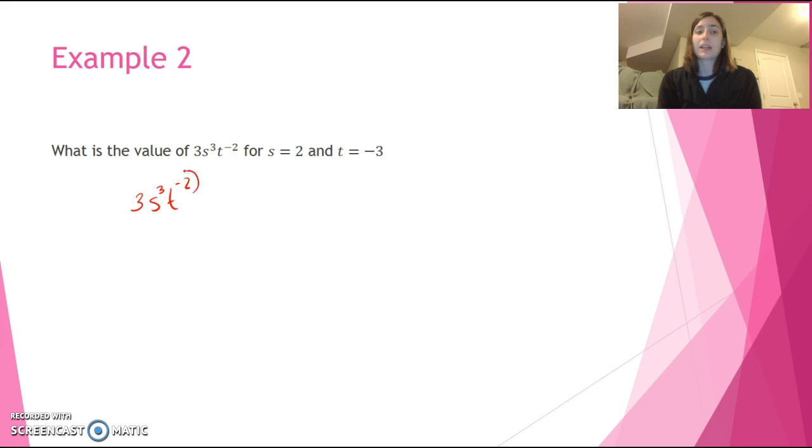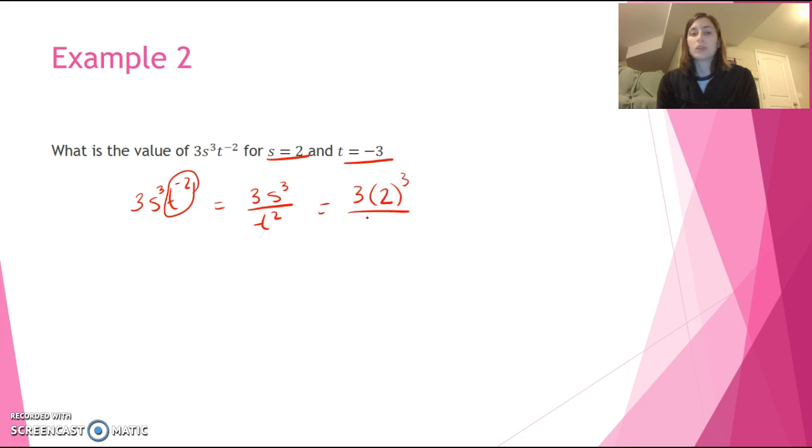And again, that negative is only with the t. So the 3s cubed is going to stay on top. The only thing moving to the bottom is our t squared. So now having this, I'm going to plug in for s and t. So we're going to have 3 times 2 cubed over negative 3 squared.